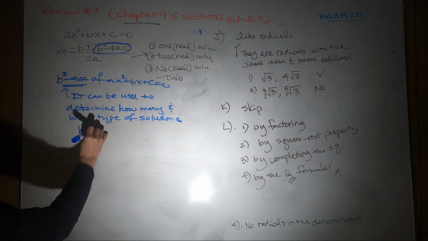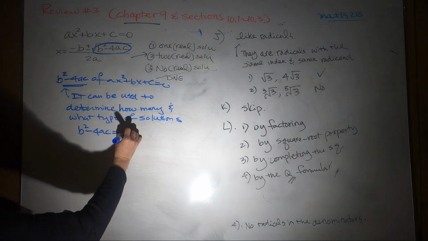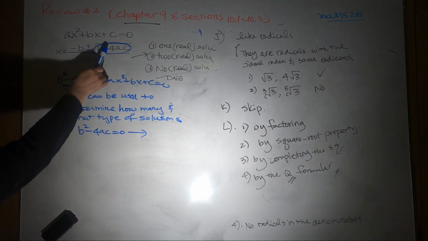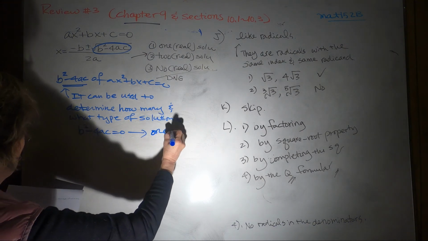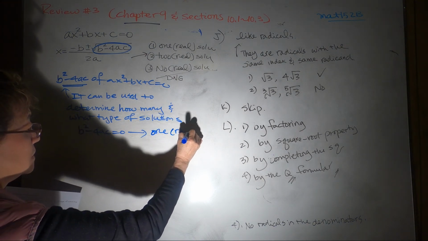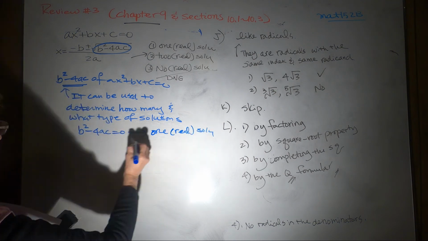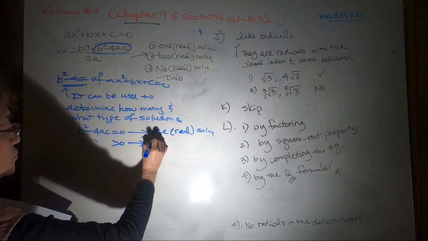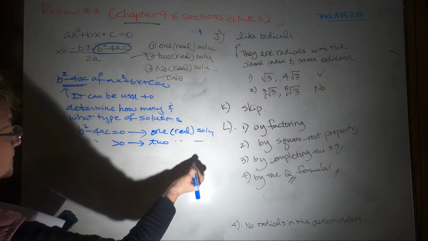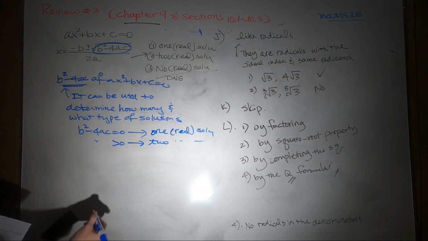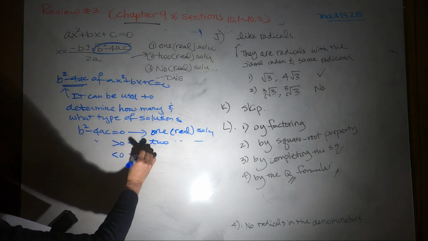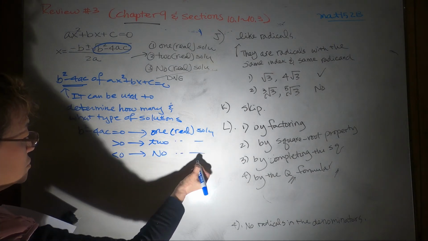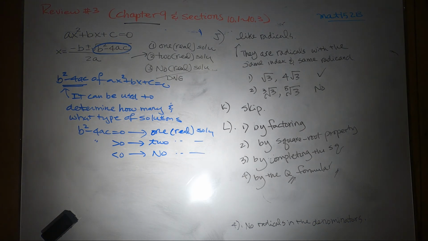So if b squared minus 4ac equals 0, how many solutions do we have? We have one real solution, right? If this one is greater than 0, we have what? 2 real solutions, right? And if this one is less than 0, we have what? No real solutions. So that's the discriminant, how we are going to use it.